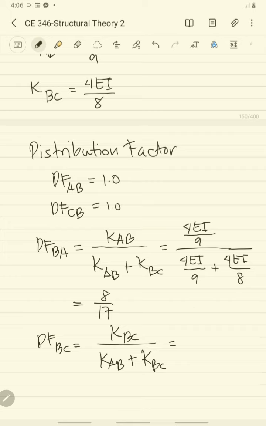So still we have 4EI over 8 divided by 4EI over 9 plus 4EI over 8.